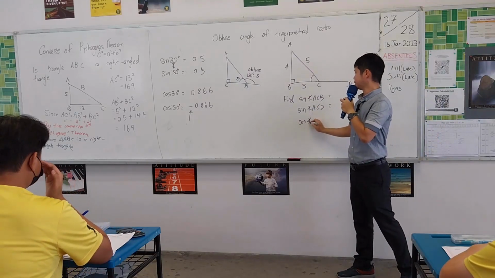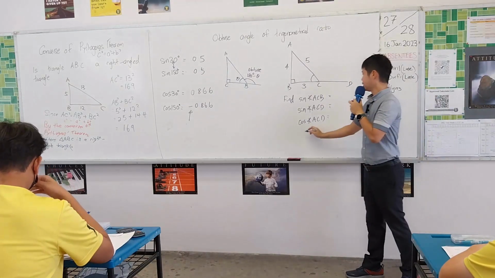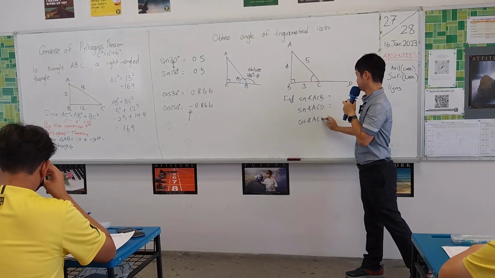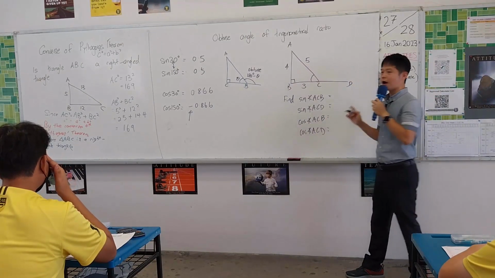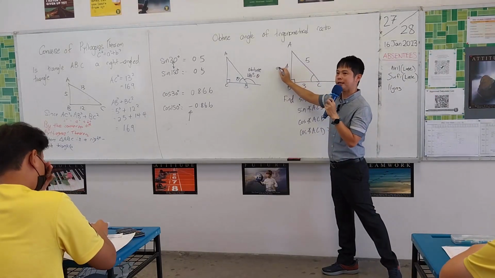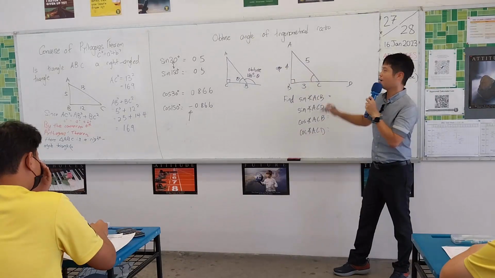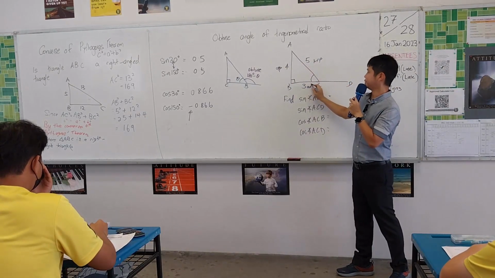Find cosine angle ACD as a ratio. The value is a ratio, a fraction. And find cosine angle ACD. So this is the angle here. I have my opposite, I have my hypotenuse, and I have my adjacent.